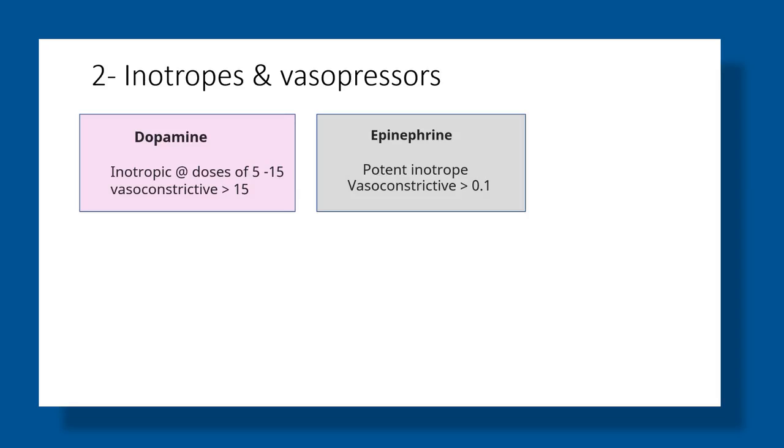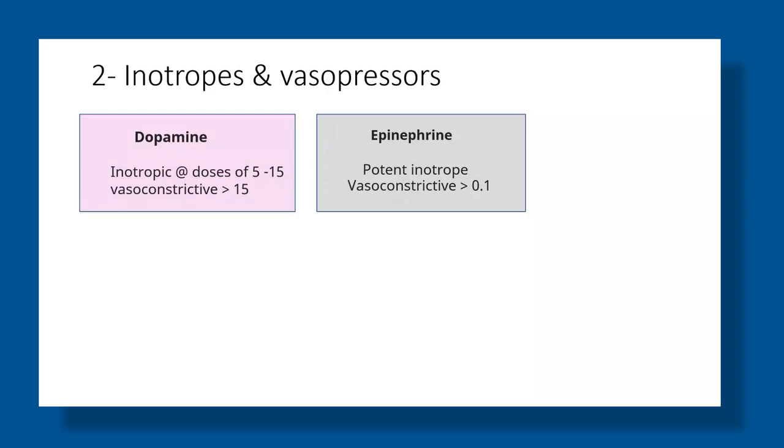Now our well-known, favorite and most used inotrope is dopamine. It is well accepted for use in newborns, including extreme preterm babies, and most of the guidelines for treatment of hypotension would start with dopamine.